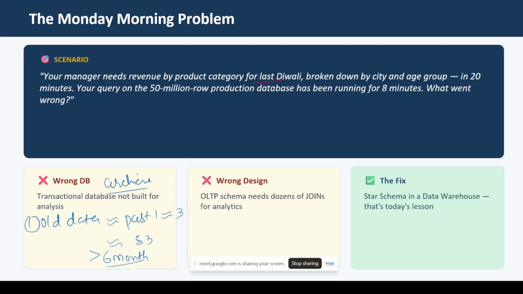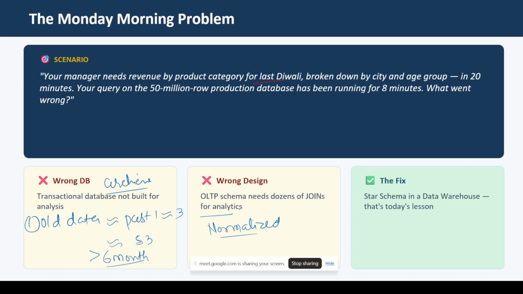That is one thing. The second thing is the OLTP schema needs dozens of joins for analytics. Why? Because the tables are normalized, right? It means just to get the product category, you need to go to the category table, right? So just to get a single value, you have to join another table, and so on and so forth. So it is hampering my read performance.